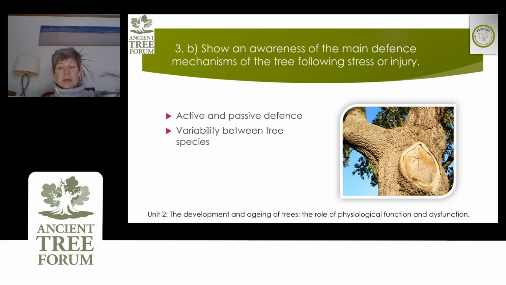Active defence may be parts of compartmentalization, and the fact there's resin in some trees as well, which helps to deal with the impact of stress or injury. And then the variability between species, it's thinking about the difference between oak and birch, for example, in terms of heartwood and ripewood and their ability to respond following pruning.